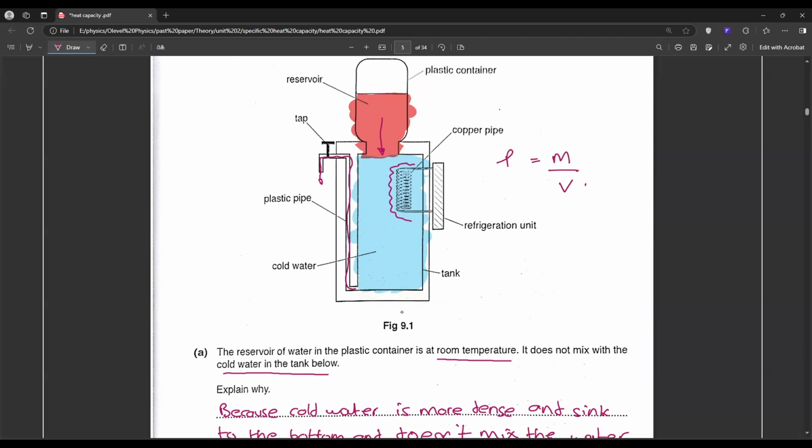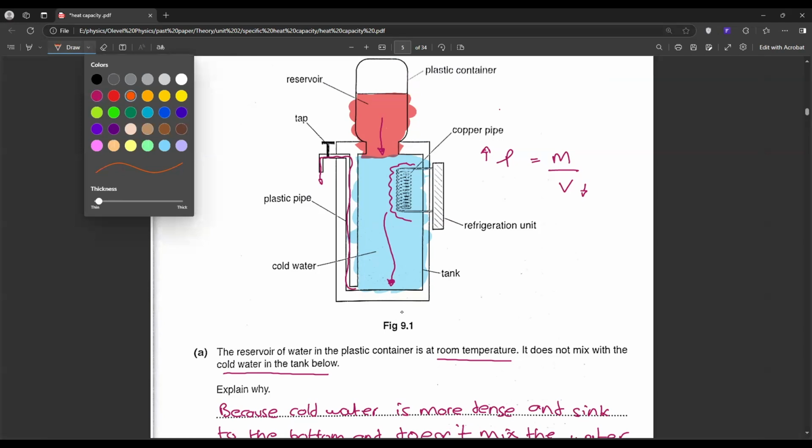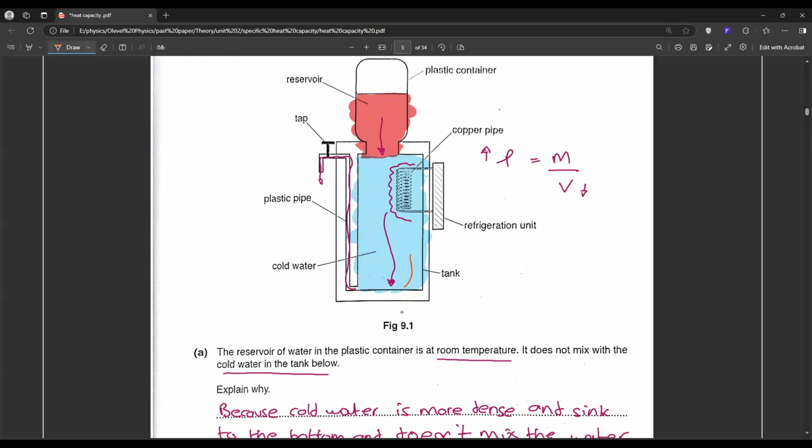As you cool something, its volume decreases, its density increases. This cool water will flow down, and warmer water from the bottom will come to the top, and that will get cooled consequently. This is the basics of a convection current.